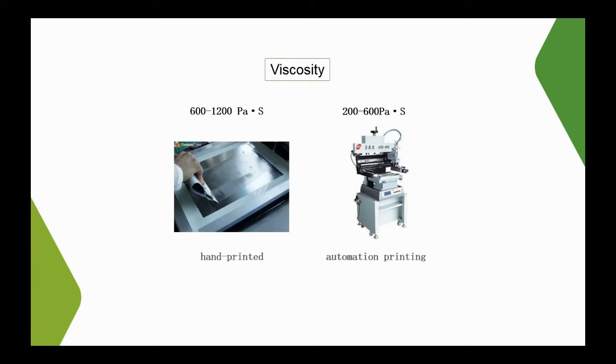Among them, solder paste of 200 to 600 parts is more suitable for the production process requirement of the needle type or high degree of automation. The plating process requires a relatively high viscosity of the solder paste, so the viscosity of the solder paste used for the plating process is generally among the 600 to 1200 parts, suitable for manual or mechanical stencil plating.